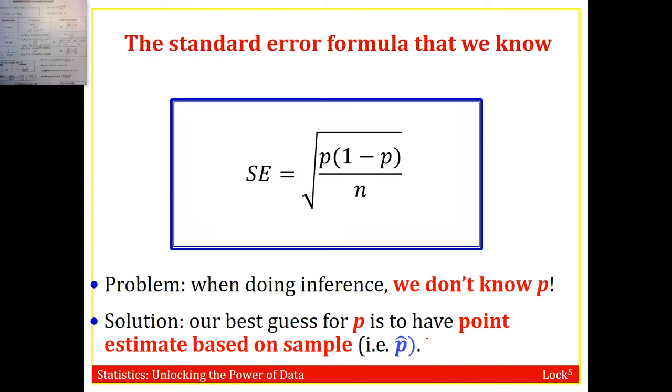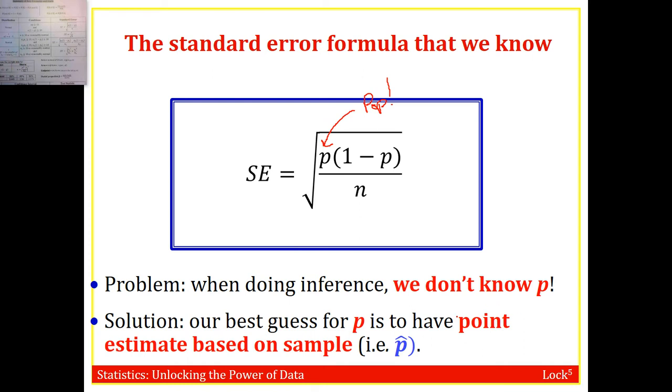Now, there is a small problem. Remember that this p stands for the population parameter. This value right here is the population parameter. Well, we don't know the population parameter because we have a sample. So in our estimation, the best thing that we can possibly do is use what we call the best point estimate.